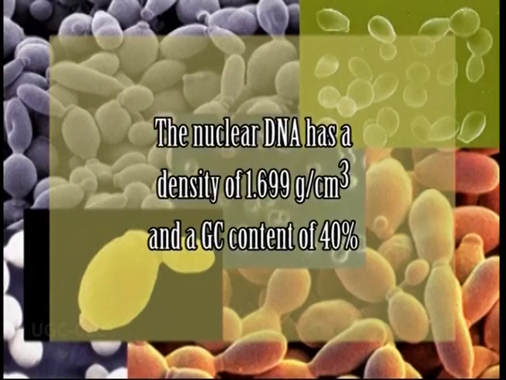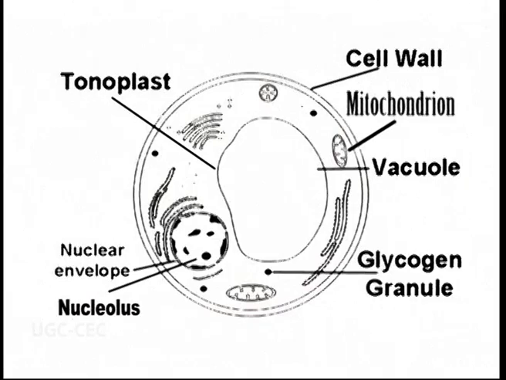The nuclear DNA has a density of 1.699 grams per cubic centimeter and a GC content of 40%. In yeast cells, 10 to 20% of cellular DNA is localized in a single mitochondrion. This DNA has a density of 1.683 grams per cubic centimeter and a GC content of 21%.